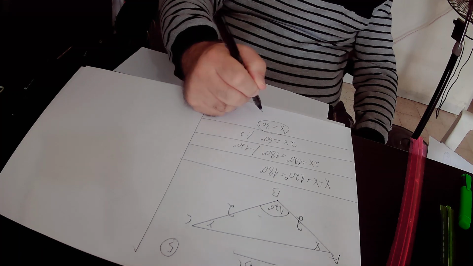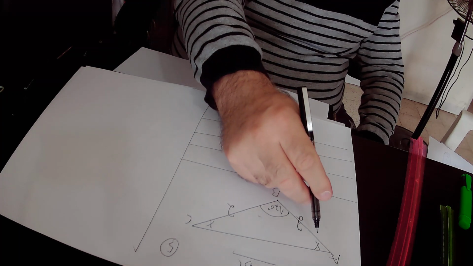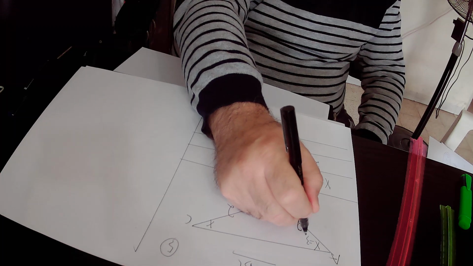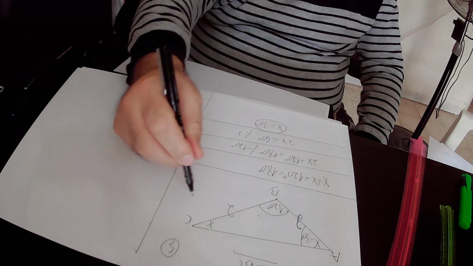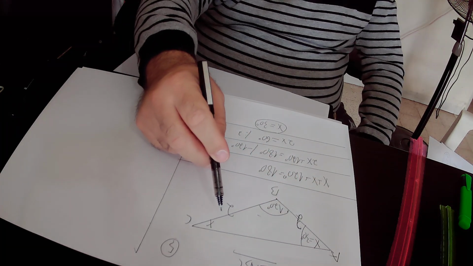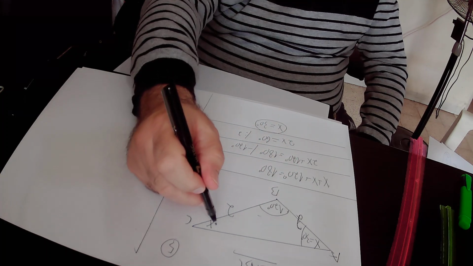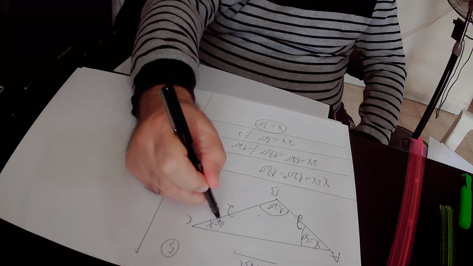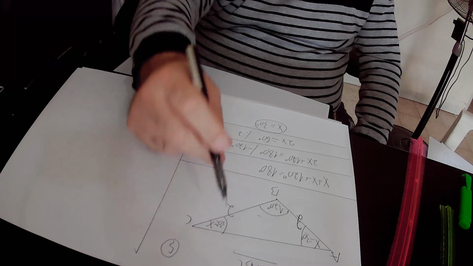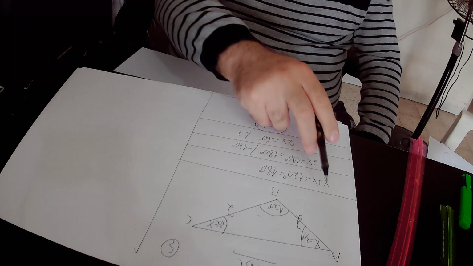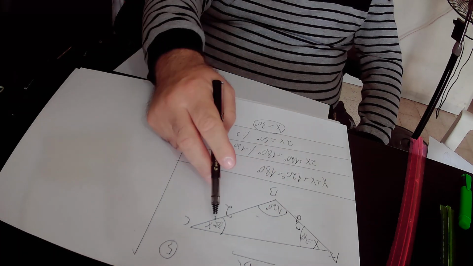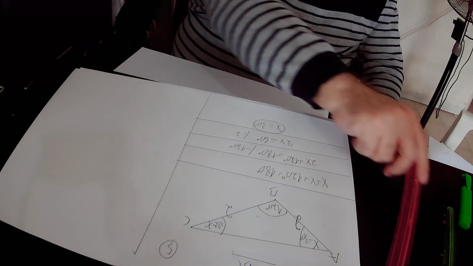So this angle x equals to 30 degrees, and it is also angle ACB equals to 30 degrees in its size. So you can write down in the original drawing that this angle ACB equals to 30 degrees.